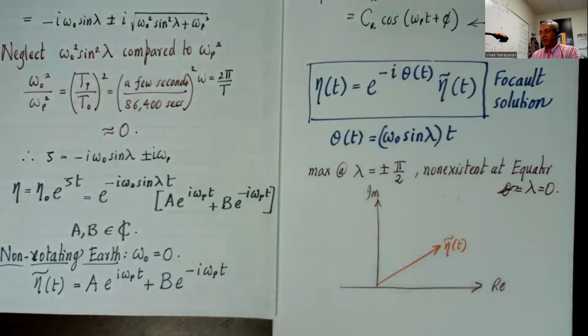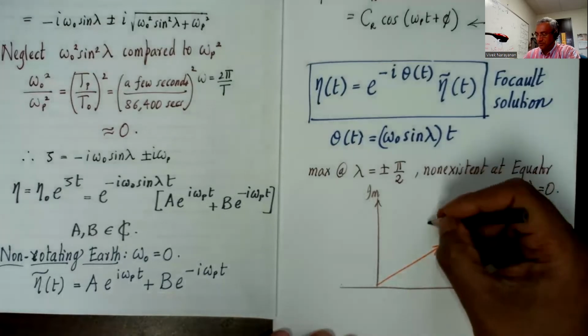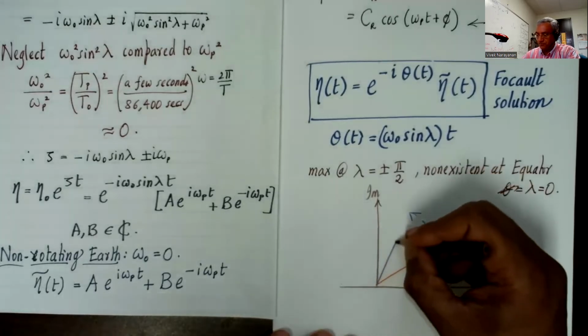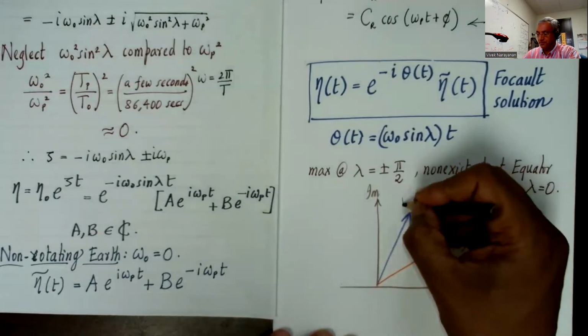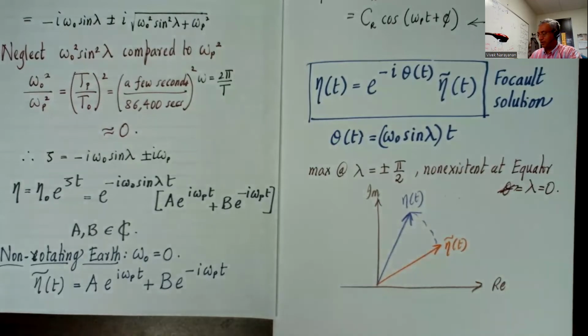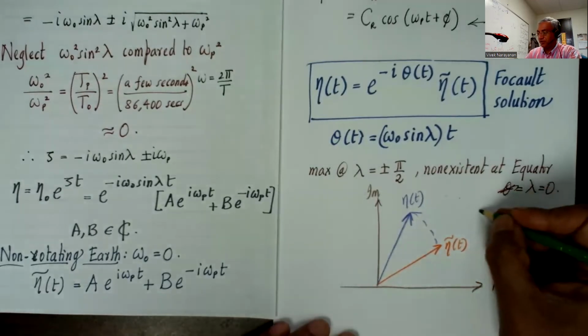All right. And eta of t is got by a simple rotation of this vector by angle theta. So that's our interpretation in the complex plane.